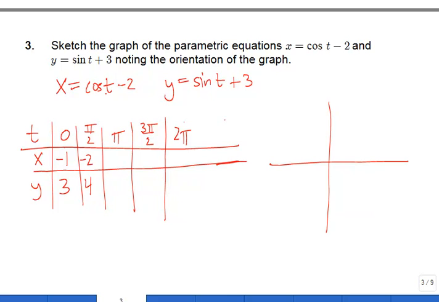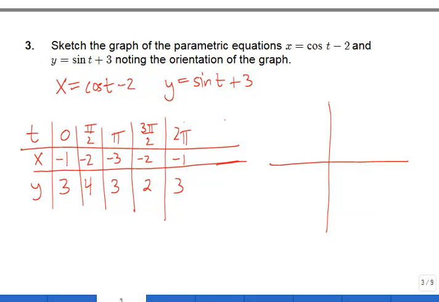Cosine of pi is -1, -1 minus 2 is -3. Sine of pi is 0, 0 plus 3 is 3. Cosine of 3 pi over 2 is 0, 0 minus 2 is -2. Sine of 3 pi over 2 is -1, -1 plus 3 is 2. And for 2 pi, cosine of 2 pi is 1, 1 minus 2 is -1. Sine of 2 pi is 0, 0 plus 3 is 3.